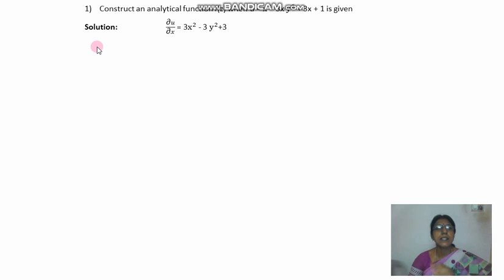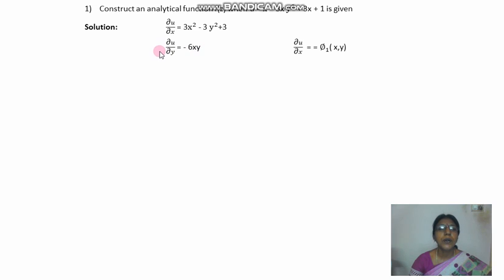u is given. Now we find dou u by dou x and dou u by dou y. What is dou u by dou x, the derivative of u with respect to x? 3x square minus 3 into 1 into y square, that is minus 3y square, plus 3 into 1. This is dou u by dou x, but it is pi 1 of xy.